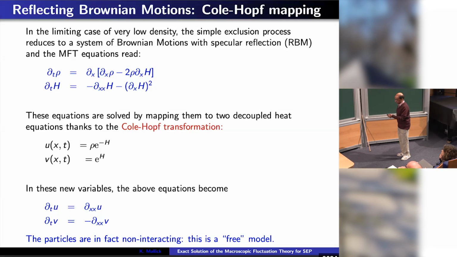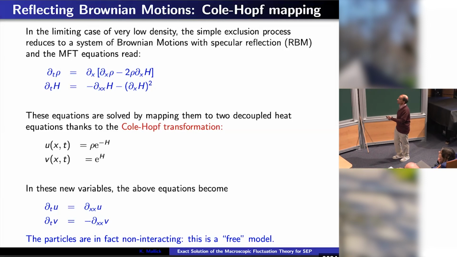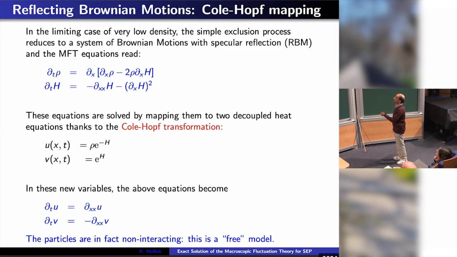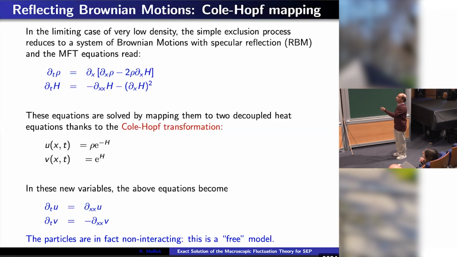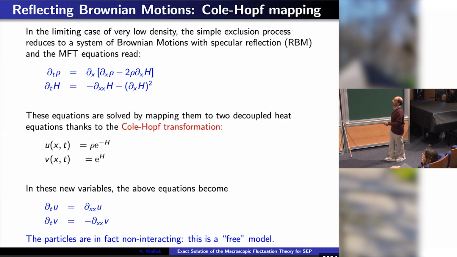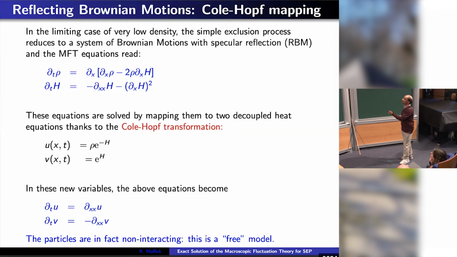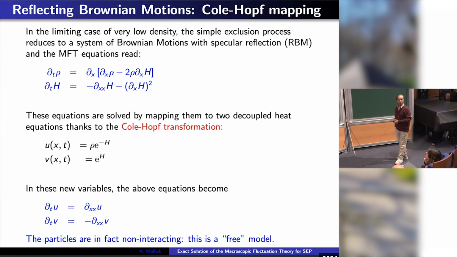So in that case, the MFT equations are still valid, but they become much simpler. In fact, the sigma becomes equal to 2 rho. And the equations become like that, and the boundary conditions are the same as before. And these equations, although they look a bit complicated, but this one you see is closed in H, they can be disentangled, they can be decoupled by using the so-called Hopf-Cole or Cole-Hopf transformation.